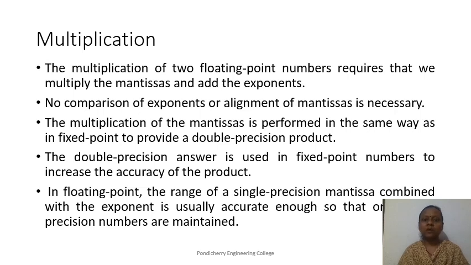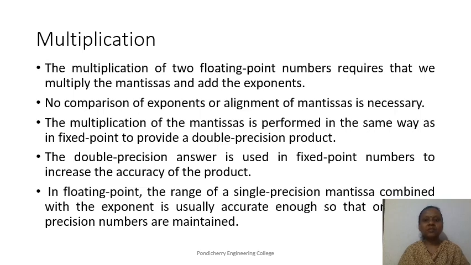Here no comparison of exponents or alignment of mantissas is required, but we do require them in case of addition or subtraction, right? We have seen the exponents should be made equal, and we need to align them before doing an addition or subtraction. But in multiplication or division, we don't require this to be done.